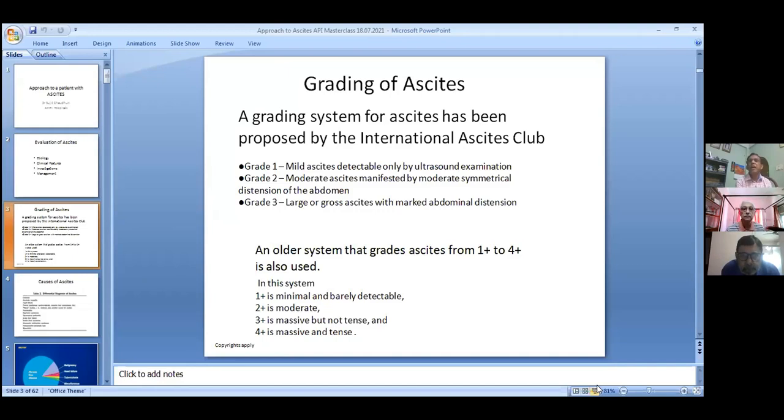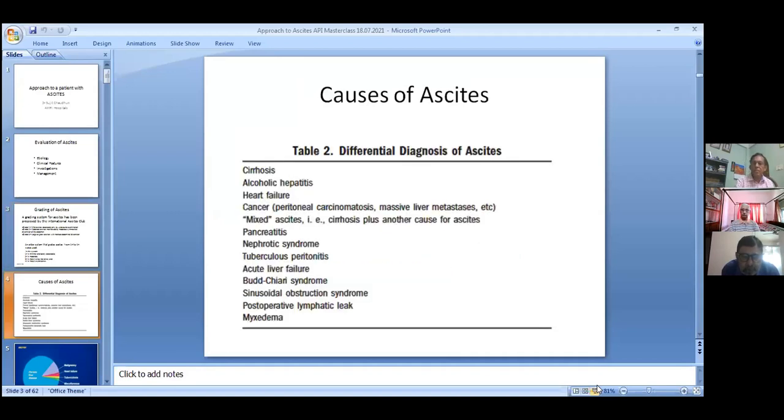But the International Ascites Club grades the ascites, mainly cirrhotic ascites: when it is just mild, detected by ultrasonography, it is grade 1. Moderate, clinically evident ascites is grade 2. But when there is gross ascites and significant abdominal discomfort, that is grade 3, or large ascites.